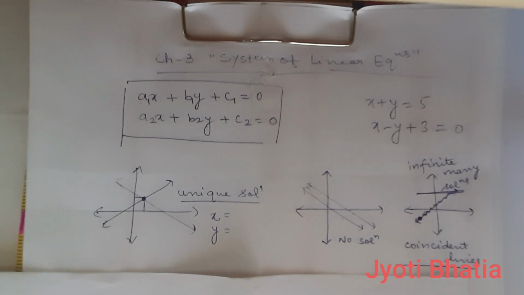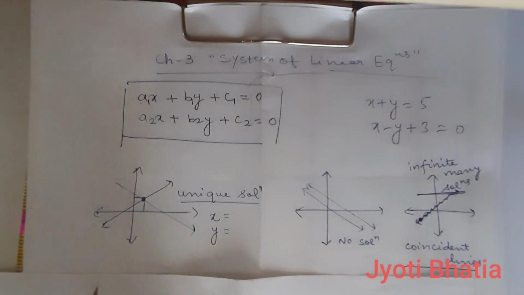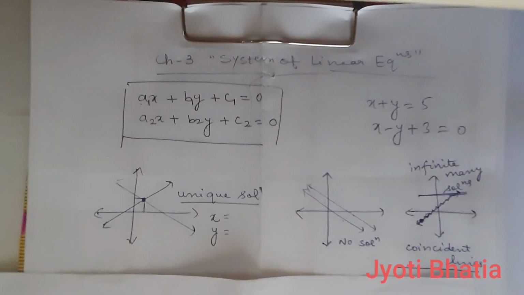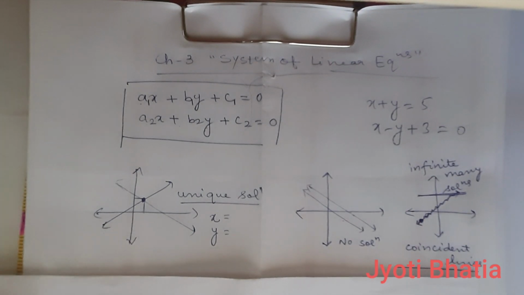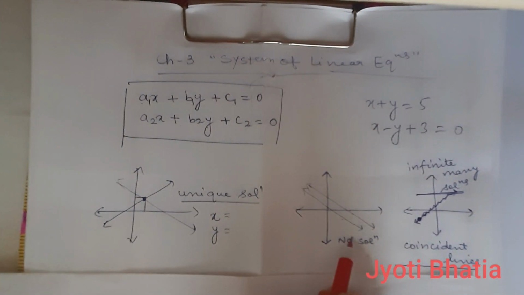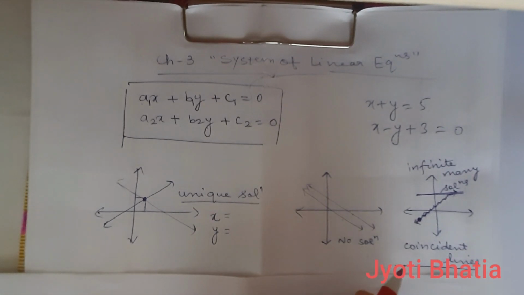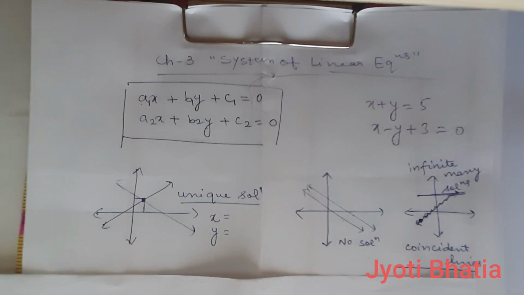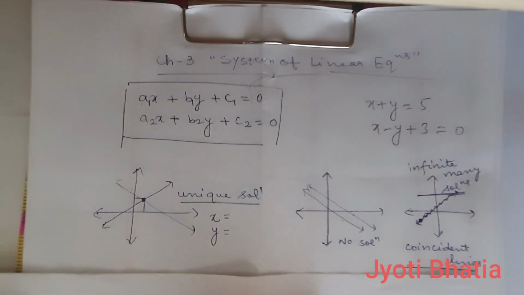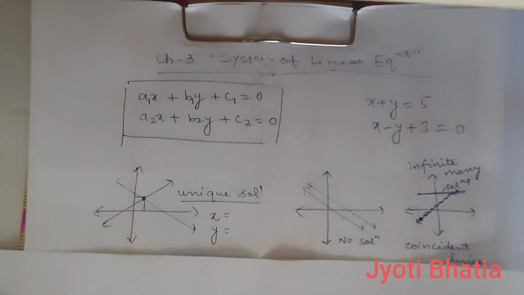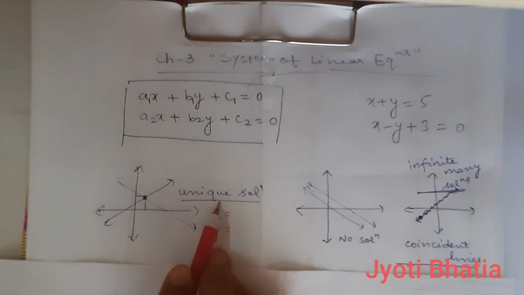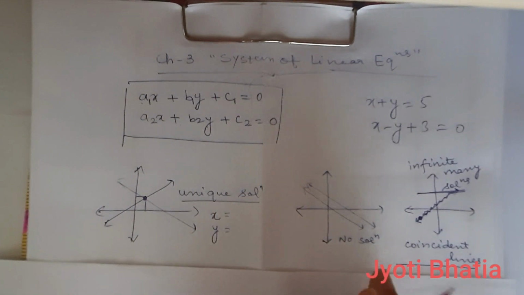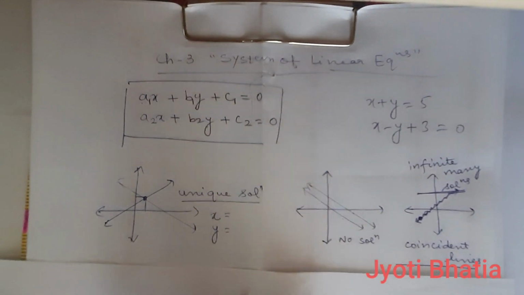I hope you drew those graphs yourself, and thus you know how to solve it graphically. Now beta, the point is, why should we waste our time in solving the equations and later realize that the graph is giving us no solution? So there is a way out. You have done this also in your activity file as an observation. I am just repeating it. By just looking at the equations, you can tell whether it will have a unique solution, no solution, or infinitely many solutions.